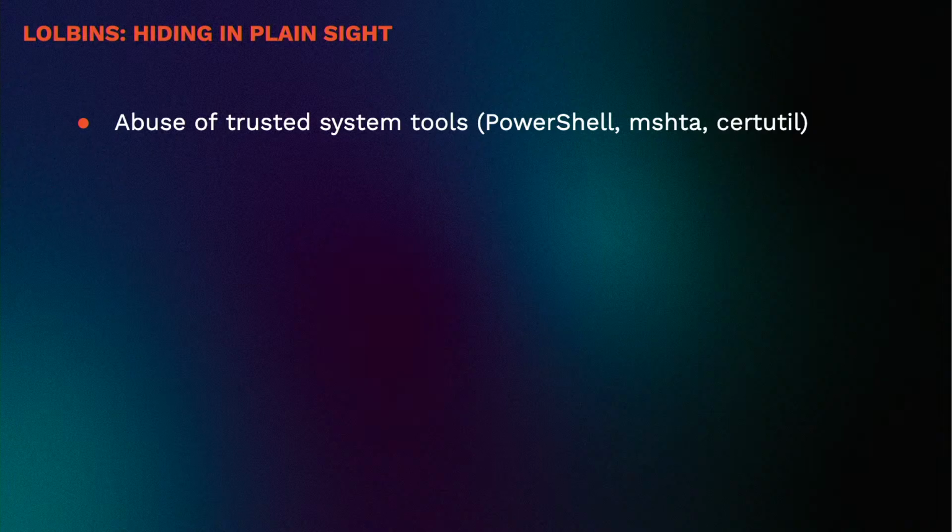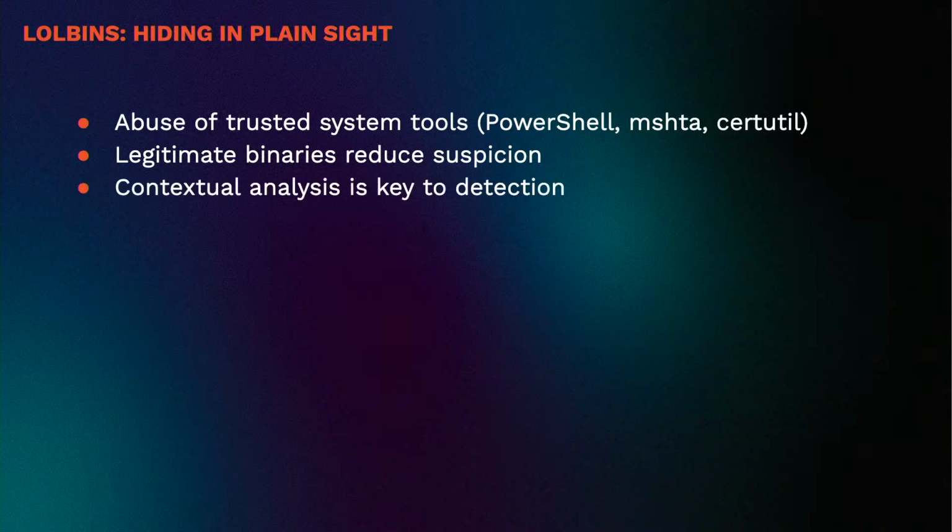There are so many documentations on how things that we trust in our operating systems can be abused. And here, contextual analysis is key to detection, right? I know there's a big fight on how we do monitoring of these things in production, but again, it's really important because attackers are blending in.